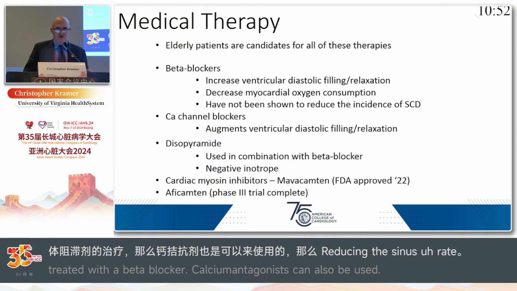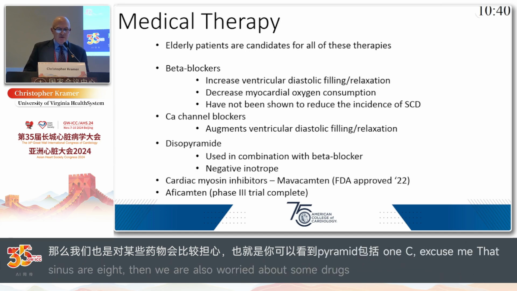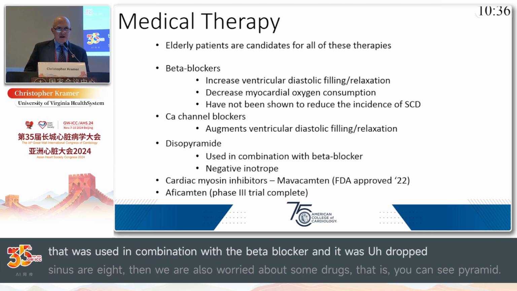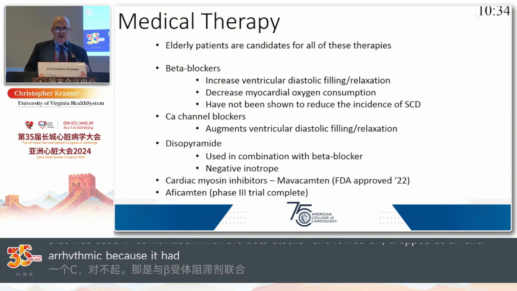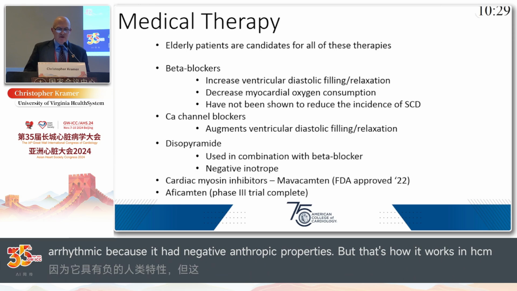In the past, the drug of second choice or second line agent was disopyramide or Norpace, a class 1A antiarrhythmic, that was used in combination with a beta blocker, and it was dropped as an antiarrhythmic because it had negative inotropic properties, but that's how it works in obstructive HCM, by reducing the outflow tract gradient.